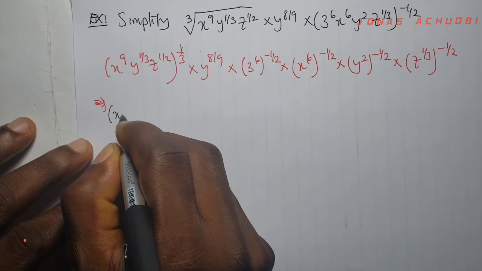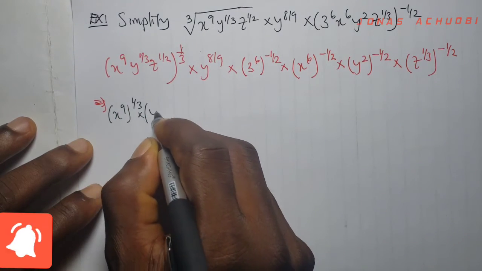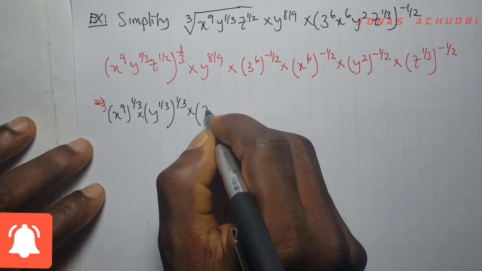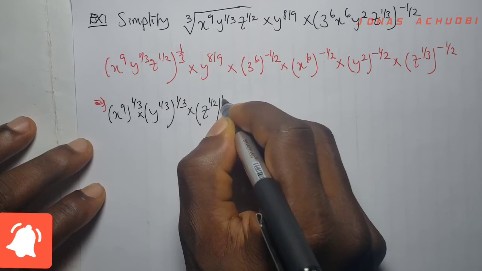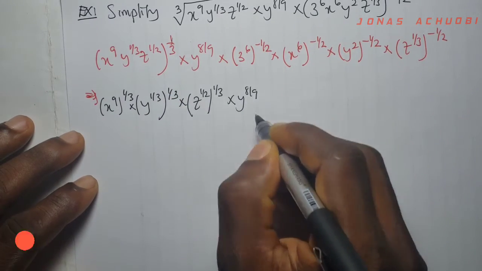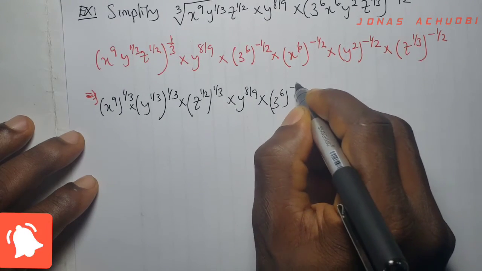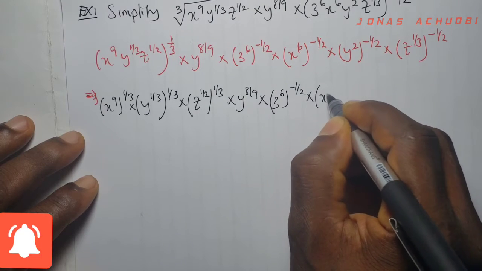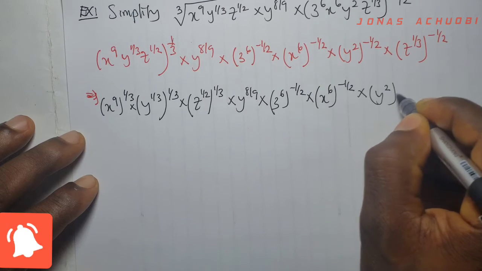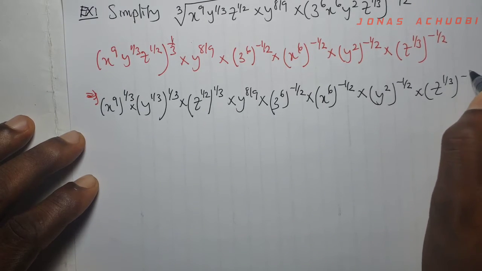So the first one is x raised to the power 9, we'll go with the power 1 over 3, times y raised to the power 1 over 3, we'll go with the power 1 over 3, times z raised to the power 1 over 2, we'll go with the power 1 over 3, times y raised to the power 8 over 9, times, here I have 3 raised to the power 6, I just write it down, minus 1 over 2, times x raised to the power 6 minus 1 over 2, times y squared minus 1 over 2, times finally z raised to the power 1 over 3, minus 1 over 2.